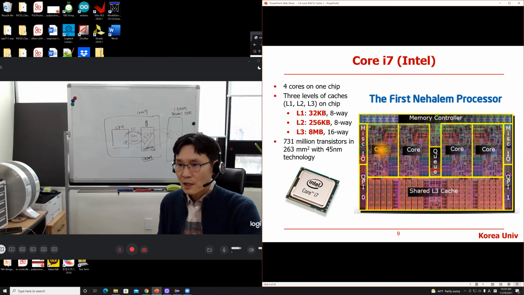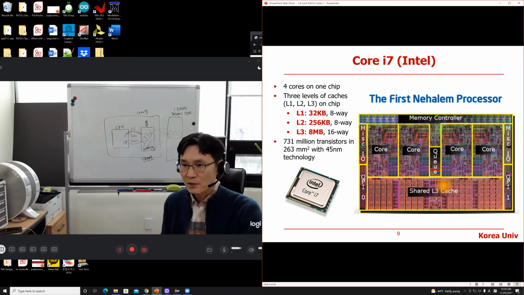Core i7 has 4 CPUs, 1, 2, 3, 4, and it has one more level of cache, level 3 cache, 8 megabytes in size. Each core has private level 1 and level 2 caches.